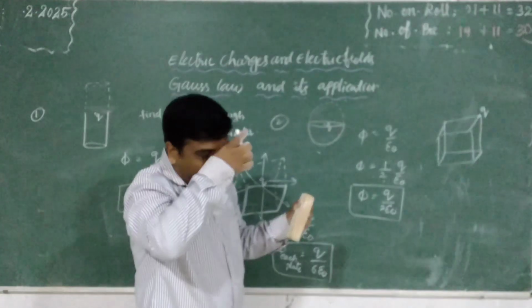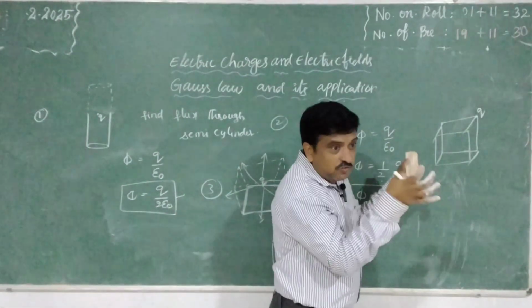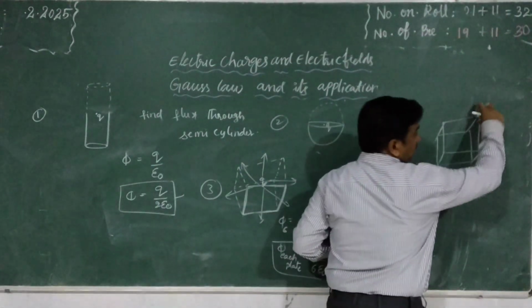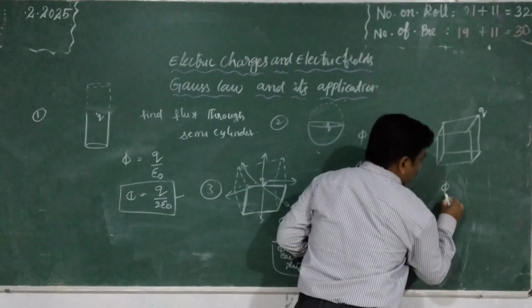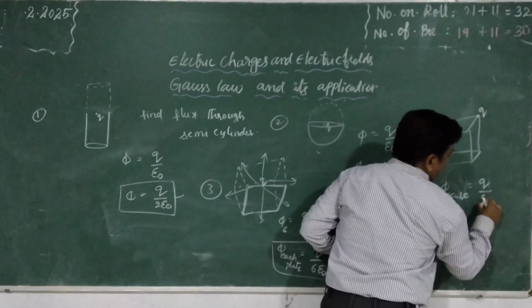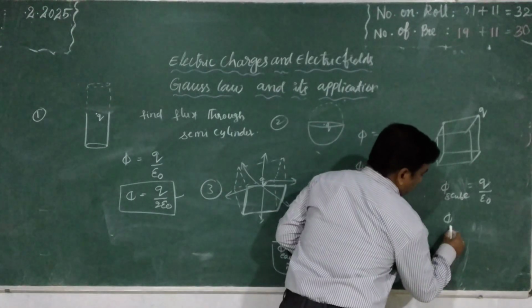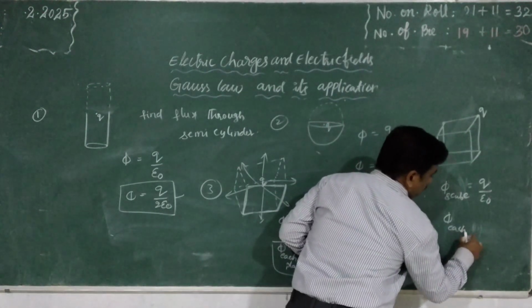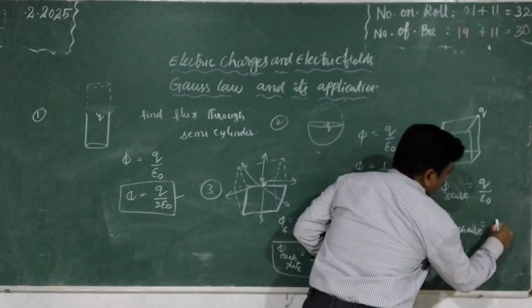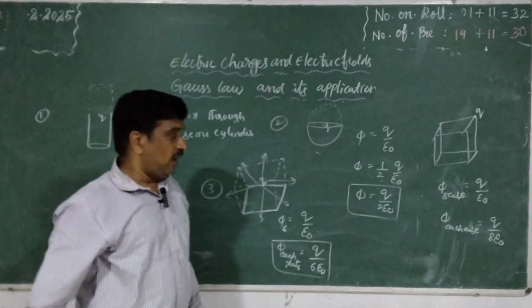How many do we require? 8 cubes are required, so 8 cubes will be arranged like a closed surface, with the charge at the center. In that case flux through 8 cubes equals q by epsilon naught. Flux through each cube equals q by 8 epsilon naught.